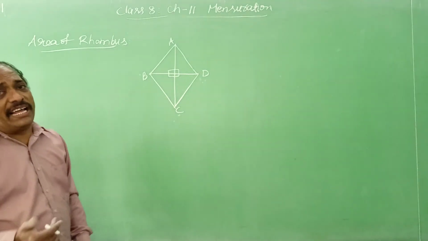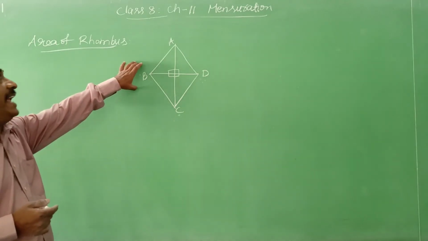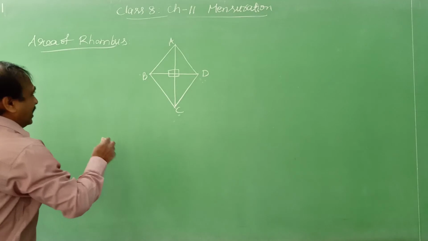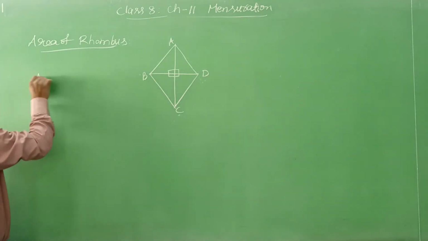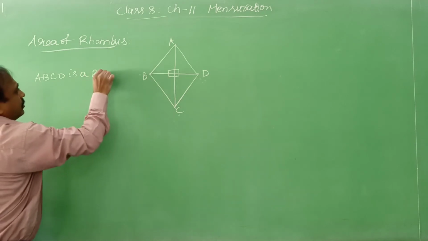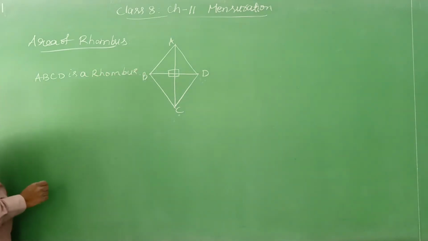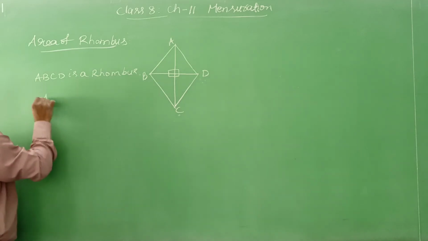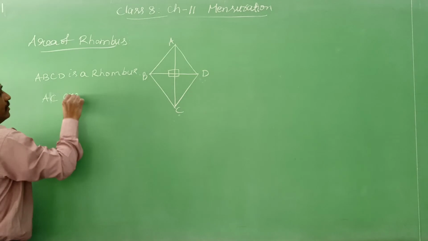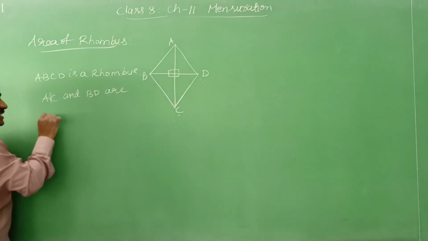We know the area of a triangle is half into base into height. With that concept we are now defining the area of a rhombus. Look at this given figure. ABCD is a rhombus, and the diagonals AC and BD are perpendicular bisectors.